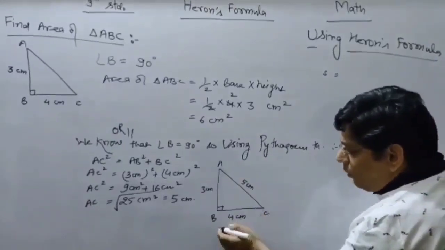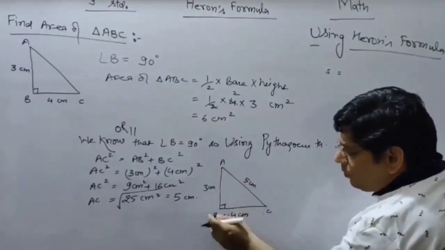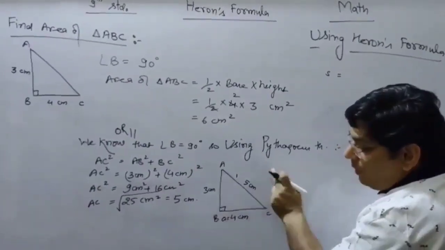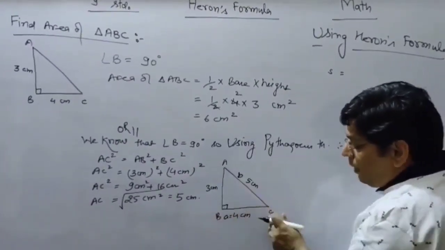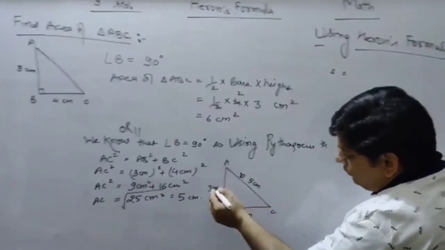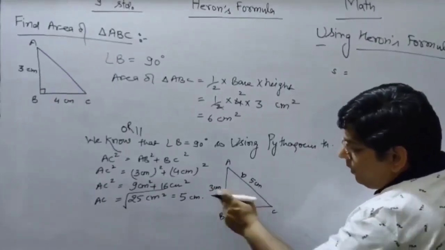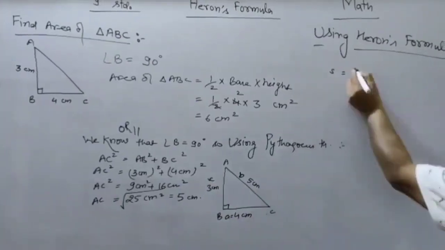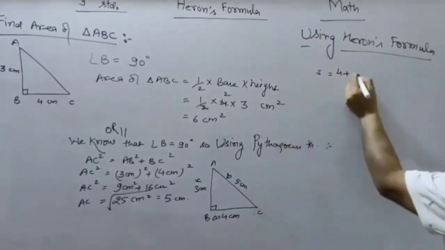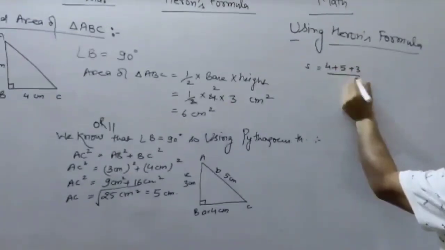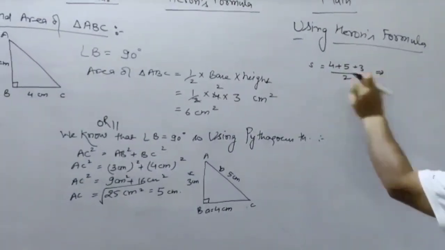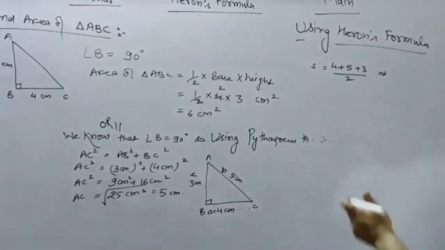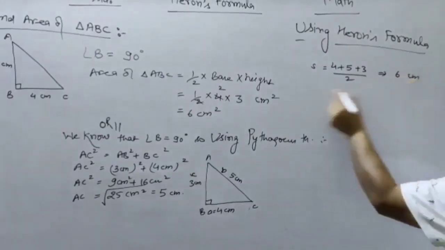Here is A, so the opposite side of vertex A will be small a, the opposite side of vertex B will be small b, and the opposite side of vertex C will be small c. So a is 4 centimeter, b is 5 centimeter, and c is 3 centimeter. Divide by 2: 4 plus 5 is 9, 9 plus 3 is 12, 12 divided by 2 is 6 centimeter.